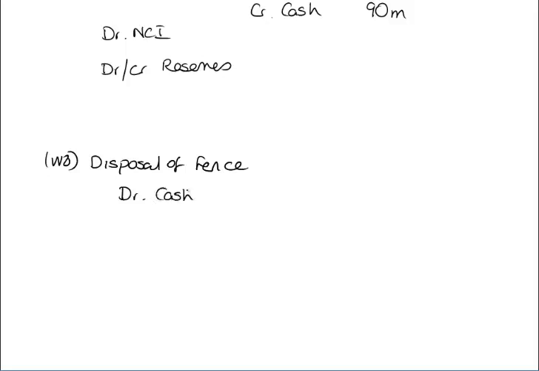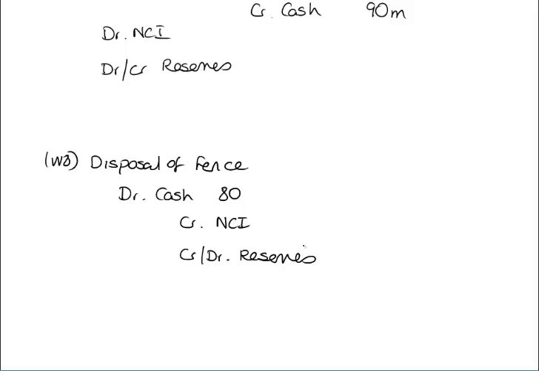What have we done? We've sold those items for 80 million. And it says the disposal proceeds have been credited to the cost of the investment. That's why the cost of the investment is incorrect by 80 million. So here we're going to debit cash, and we know that the remainder of our adjustment is credit NCI. And it's going to be credit or debit reserves, and we'll sort the remainder out later.